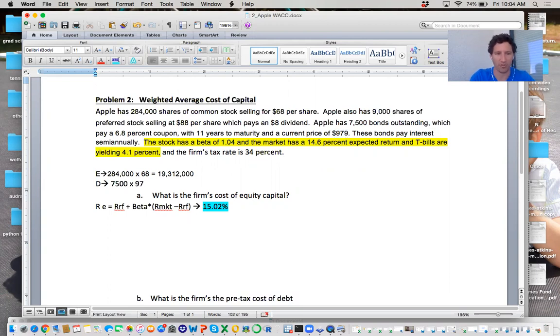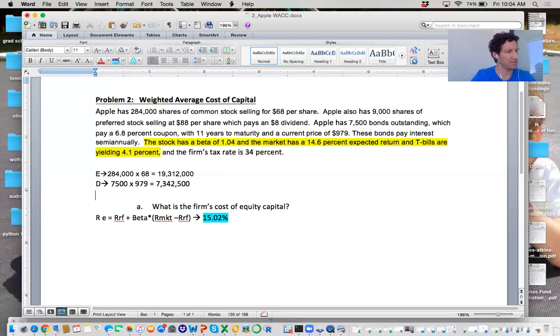And right now they're worth $979 each. So how much is that currently total in dollars? All right, so I got 7,342,500. Check my math on all these.